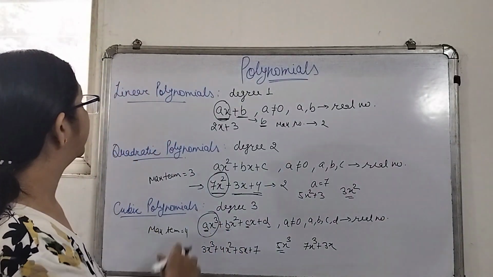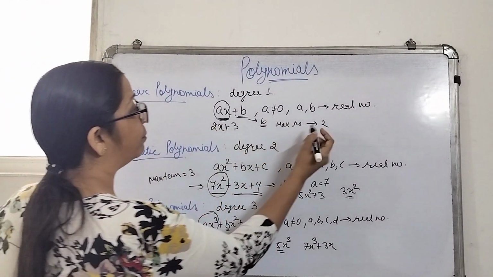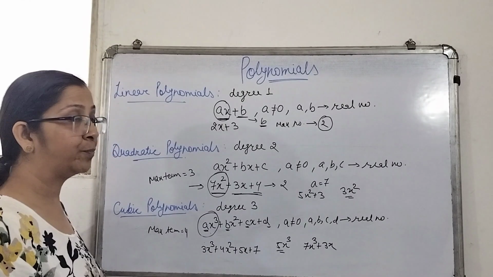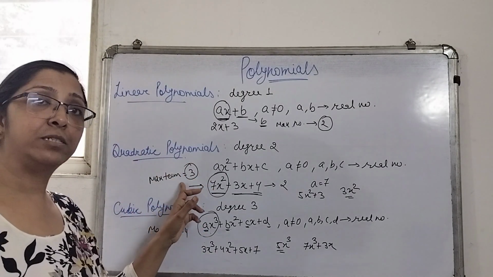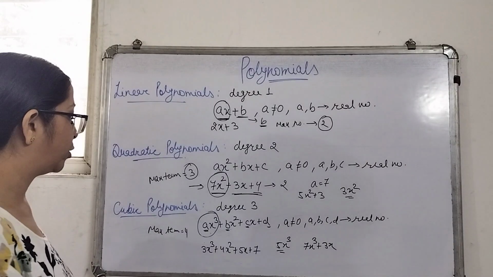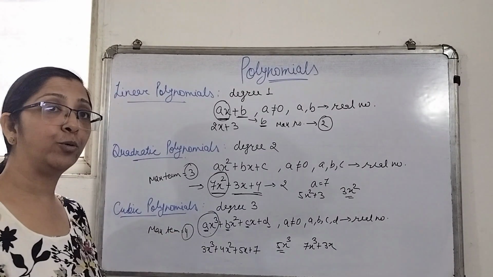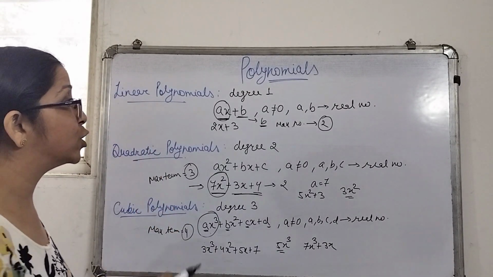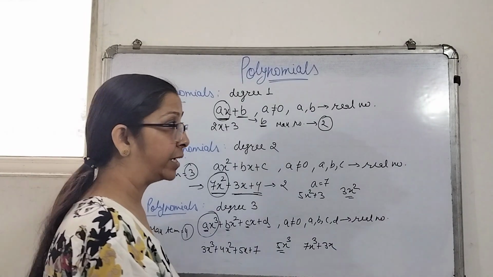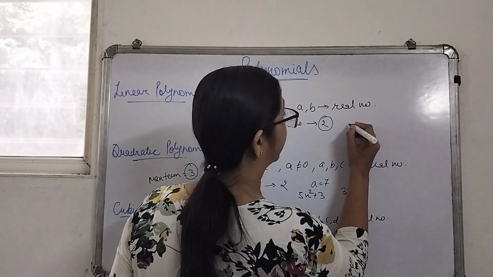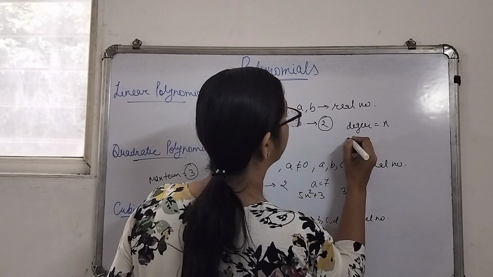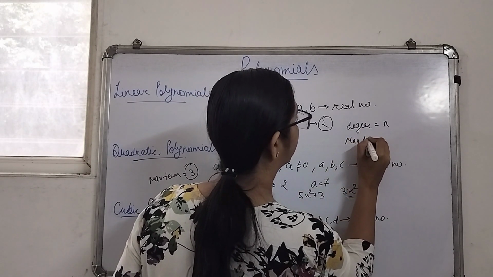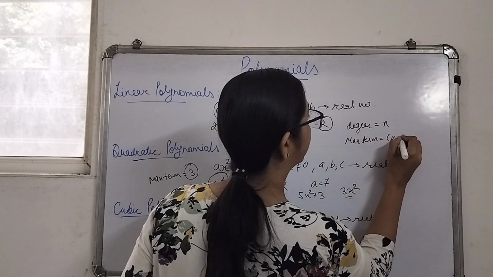So we can see if it is a linear polynomial, the maximum number of terms is 2. If it is a quadratic polynomial, the maximum number of terms is 3. If it is a cubic polynomial, the maximum number of terms is 4. That means whatsoever the degree of the polynomial is, if the degree is n, the maximum number of terms will be n plus 1.